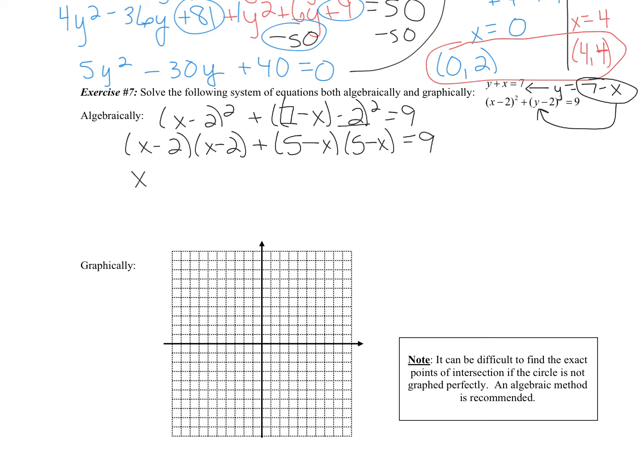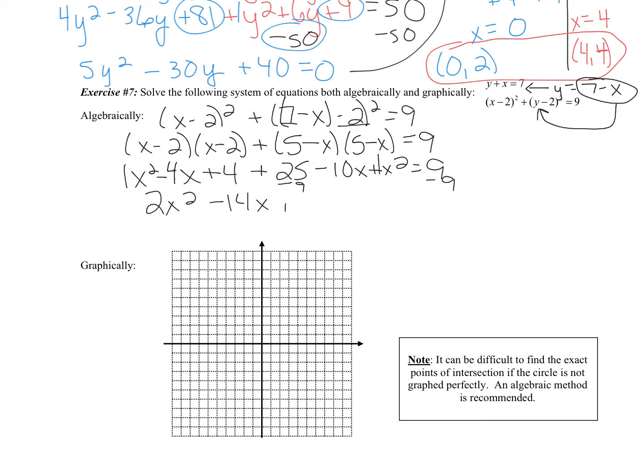So we get x squared minus 4x plus 4 plus 25 minus 10x plus x squared equals 9. Combining like terms, 2x squared minus 14x. We're going to also move over that 9. And that's going to give me 20 from 25 minus 9 plus 4. So here's my 3 constants that I'm combining.